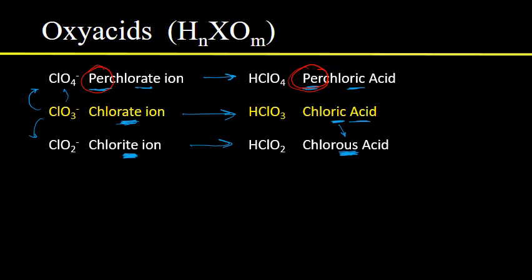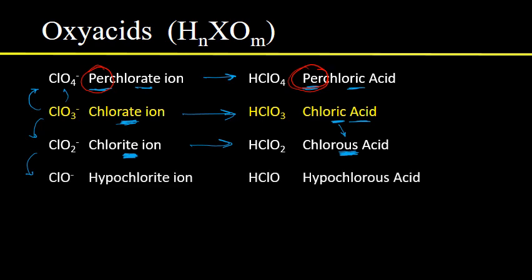And you can probably guess what will happen if we remove one more oxygen to go to ClO. Remember that that changes the name of the anion from chlorite to hypochlorite. So we add this prefix here. And then for the corresponding acid, this same prefix again.